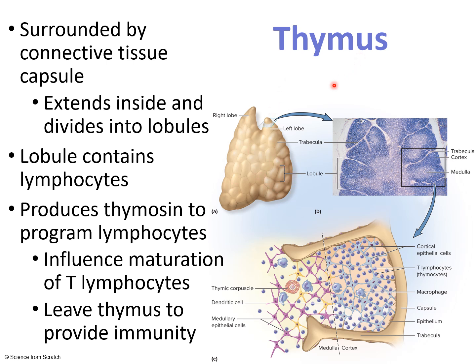And that capsule will extend into the gland and it will start to divide the gland into lobules. And so that is called the septum, where the capsule starts to divide into lobules. And these lobules will contain lymphocytes that can turn into T lymphocytes.